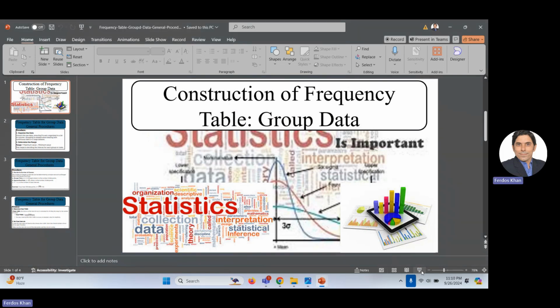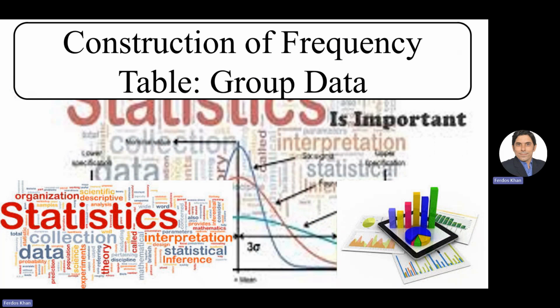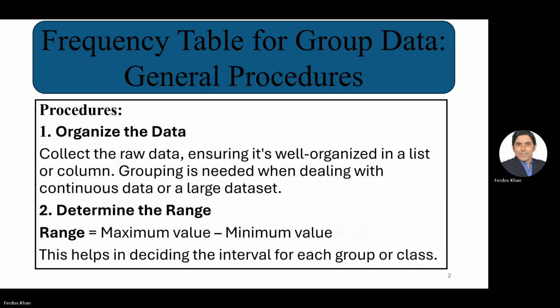Here we can see the general rules that we need to apply when we have continuous data or large data with variation. This is the procedure. The first step in constructing a frequency table for grouped data is to organize the data.